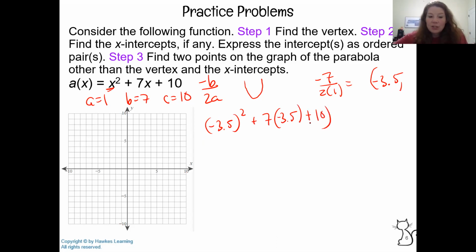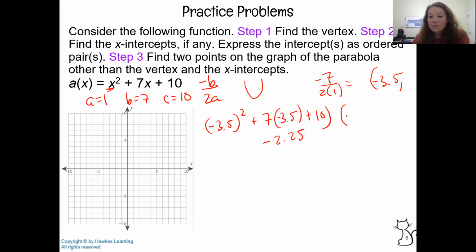So you know what? I'm just going to use my calculator. I'm going to plug all that in. I'm going to say parentheses 3.5 squared plus 7 times -3.5 plus 10, and all that equals -2.25.